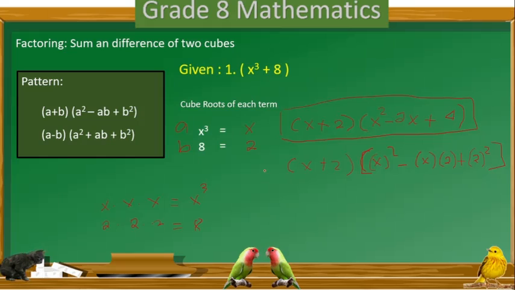Okay, now let's copy down this one. X raised to the power of 2, that is x squared, minus the product of x and 2, minus 2x, then plus the square of 2, that is 4.